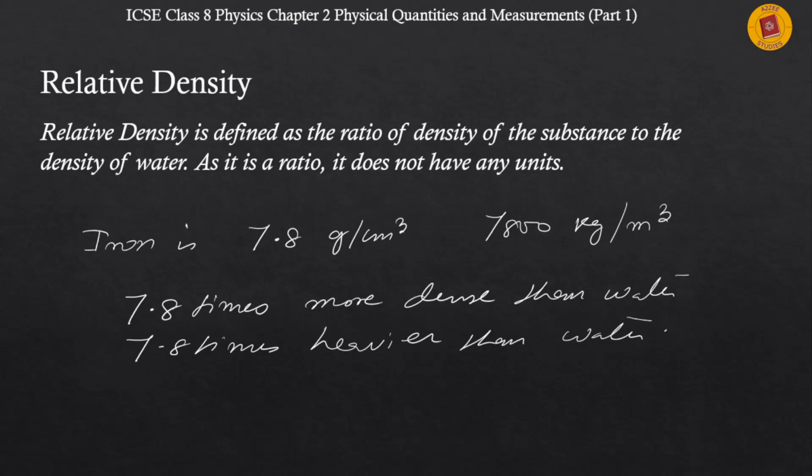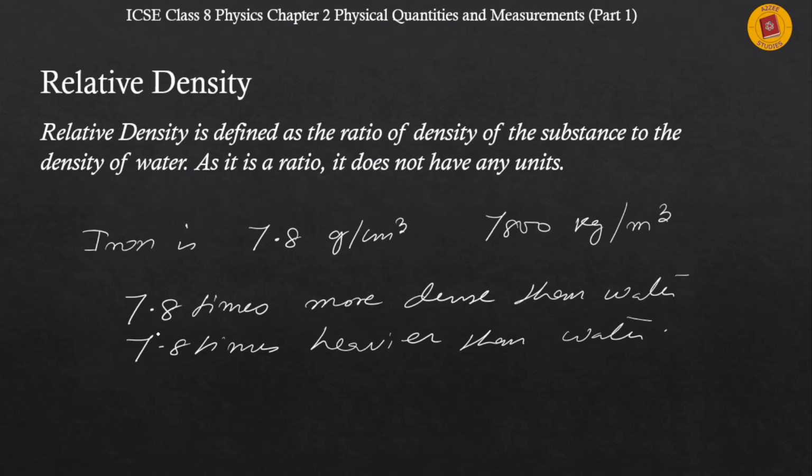Honey is denser because it's more sticky than water. Alcohol is less dense than water. Oils are less dense than water. So something clicks in our mind when we have something relative to water, because water we see every day, every time.